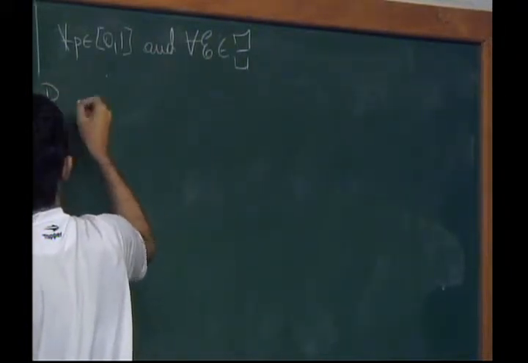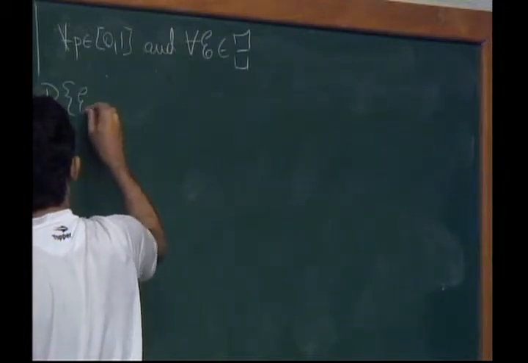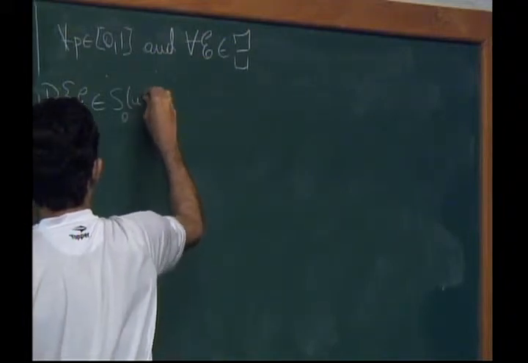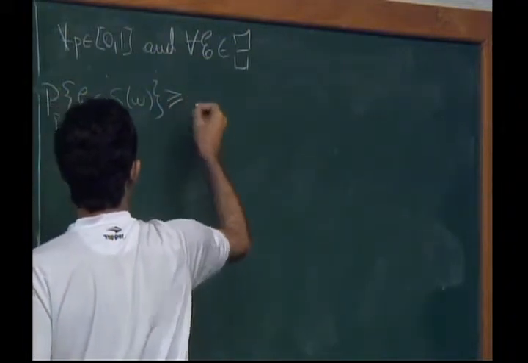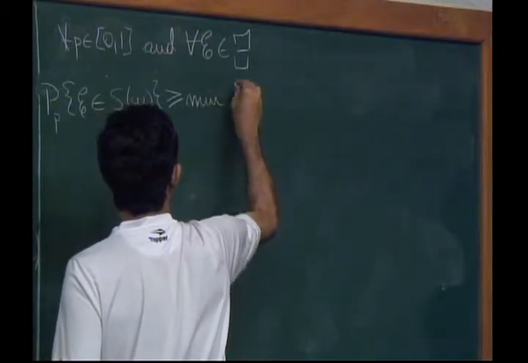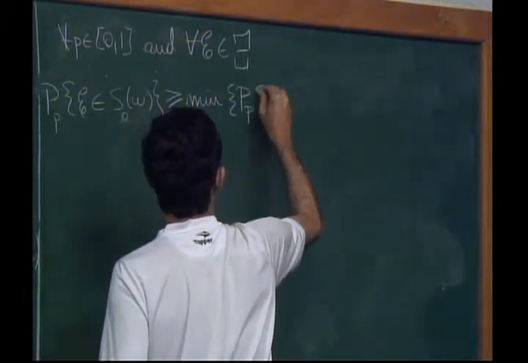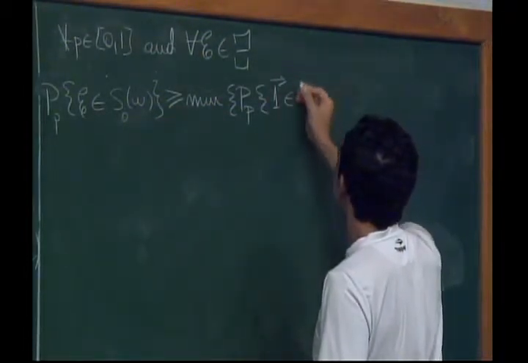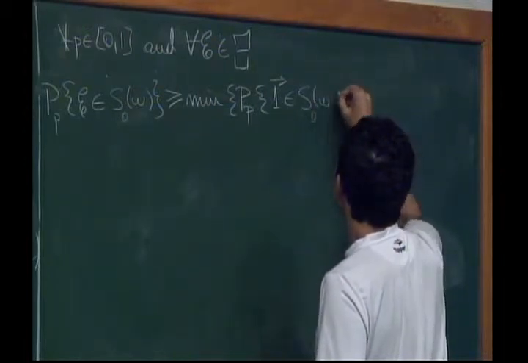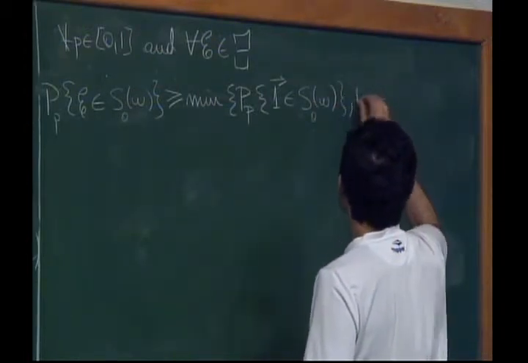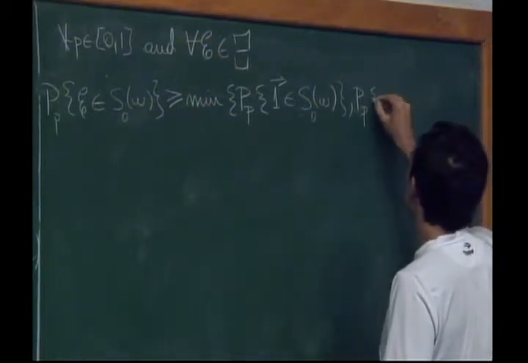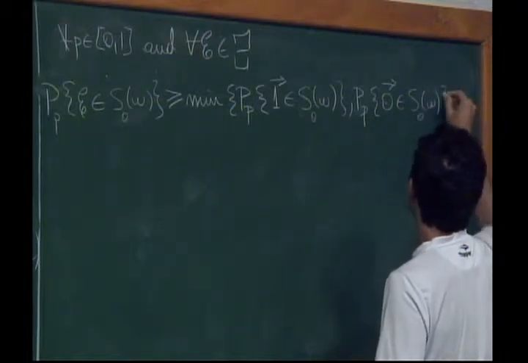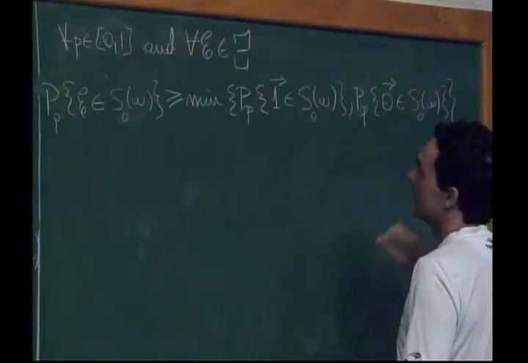The probability of the word being seen from the origin is at least the minimum of the probability of the word 11111 is seen from the origin, and the probability of the word 000 is seen from the origin.